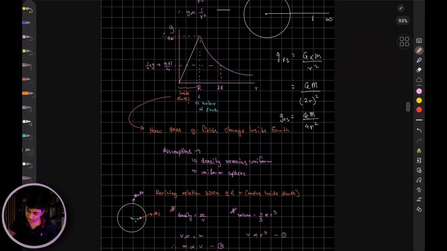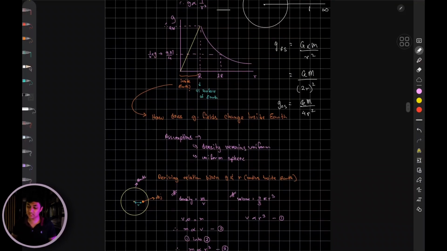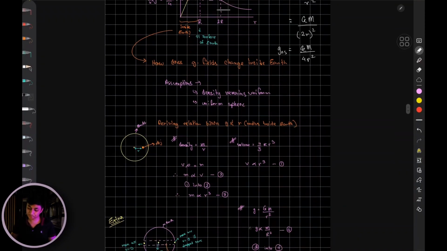So to do that, we're going to make a few assumptions. That is, first, let's consider the Earth to be uniform, meaning let's consider it to be a perfect sphere, and let's consider the distribution of mass to be uniform throughout the sphere. That means mass is equal at every point. And how is it going to affect? Let's see.